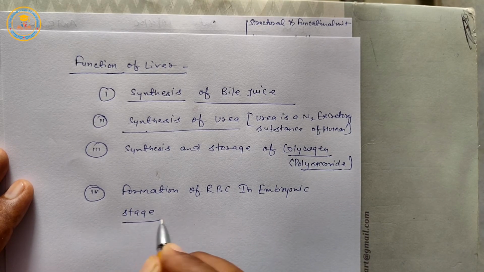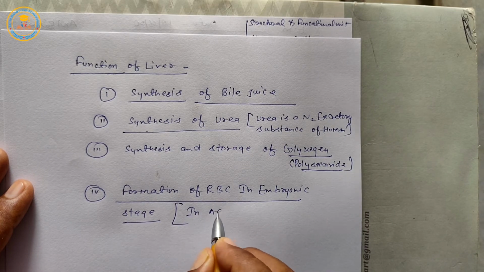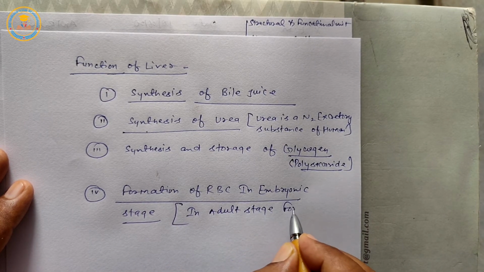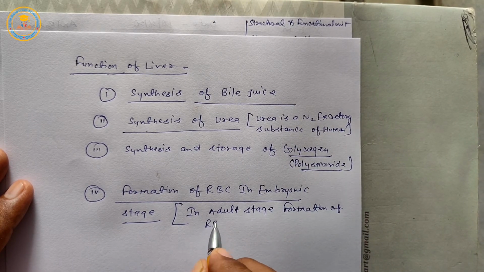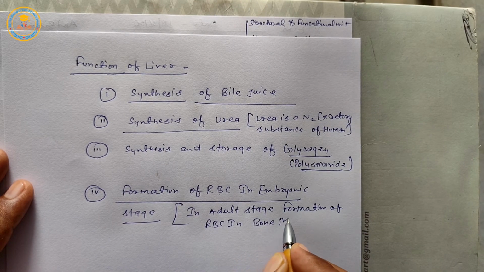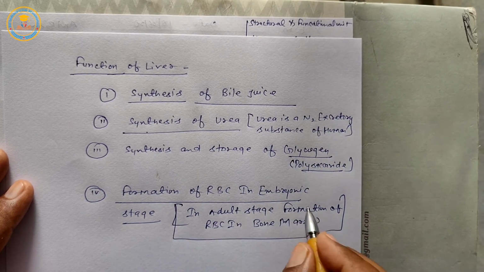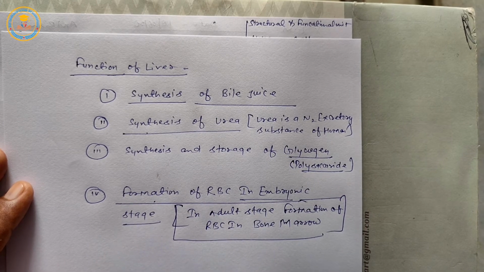Students, in adult stage formation of RBC is in bone marrow, but in embryonic stage formation of RBC is in liver.